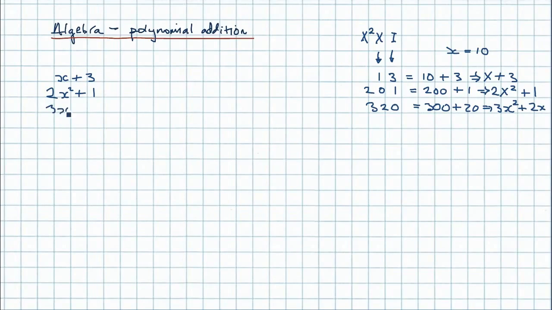So 3x squared plus 2x. And let's say 451. And that would give me 400 and 50 and 1, giving me 4x squared plus 5x plus 1.